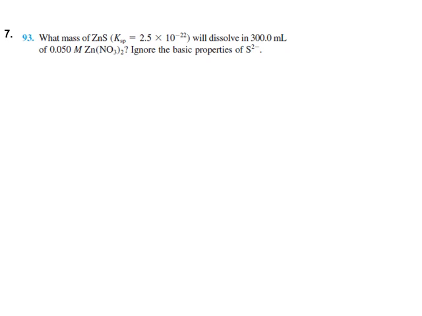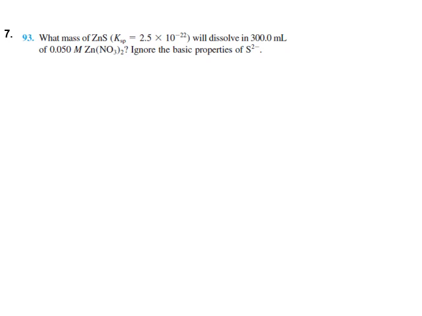So the equilibrium would be zinc sulfide, double-headed arrow, Zn2+ plus S2-. The equilibrium expression will be KSP equals the zinc concentration times the sulfide concentration. However, we have some of the zinc already.